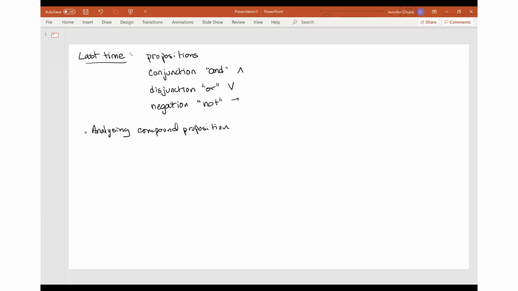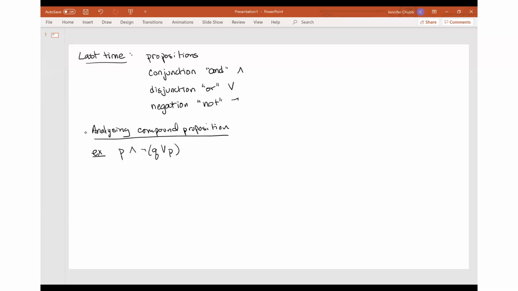So maybe let's do a quick example to warm up, make sure we're all talking about the same stuff, and then I can tell you something more general about that. Let's do this one: P and not (Q or P).